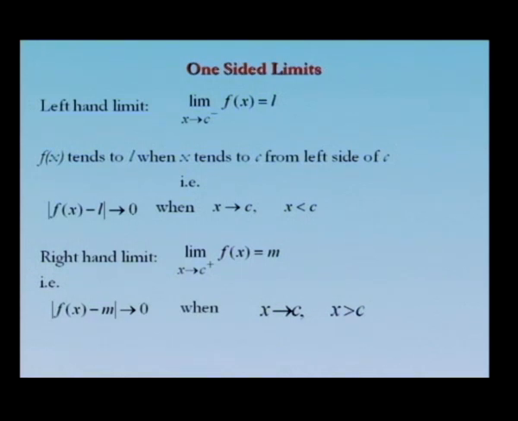Similarly, we can define the right hand limit. So we say limit as x tends to c plus of f(x) equals m if the difference between f(x) and m tends to 0 when x tends to c from the right hand side.